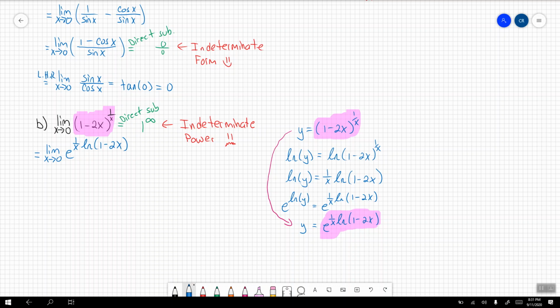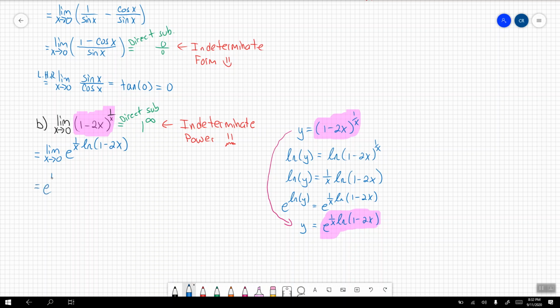And now this is beneficial because I can start identifying that as x approaches 0, for e to the power of this big function, well, e is a constant.